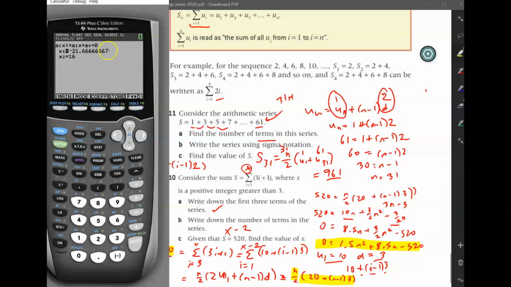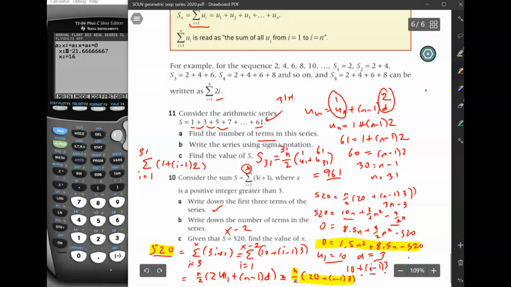And it gives me, there are two solutions, negative 21.6666 or 16, and n can only be a positive integer, so we put 16. So the answer is going to be n equals 16 initially, but in this case, even though n is equal to 16, our n is x minus 2, right?